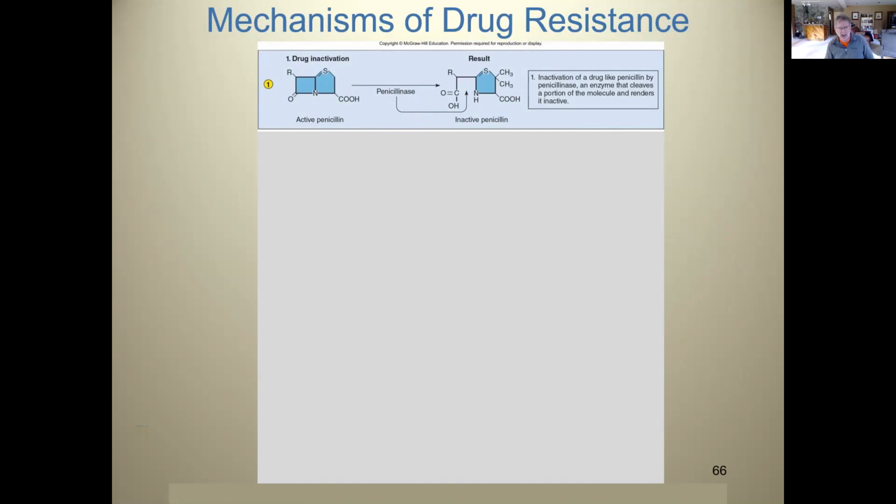So if you can inactivate penicillin by affecting its chemistry, you have nothing to worry about as a microbial population. And as I said earlier in the chapter, there are some bacteria out there that can negate the action of this antibiotic that's being secreted by other bacteria in an effort to kill them. So this is a naturally produced enzyme.